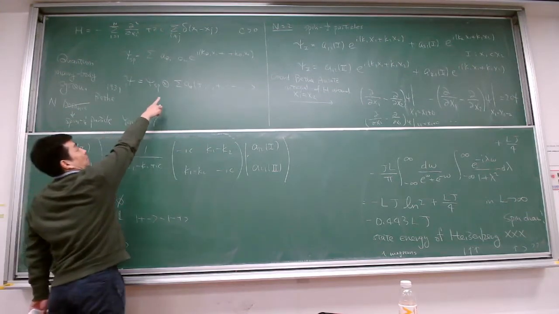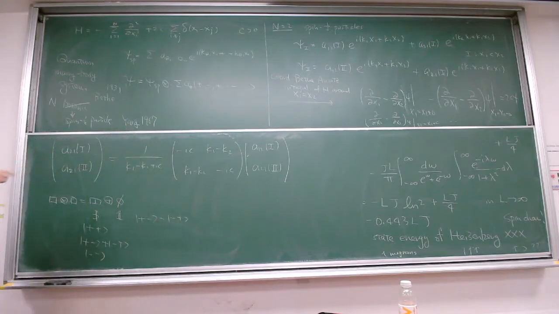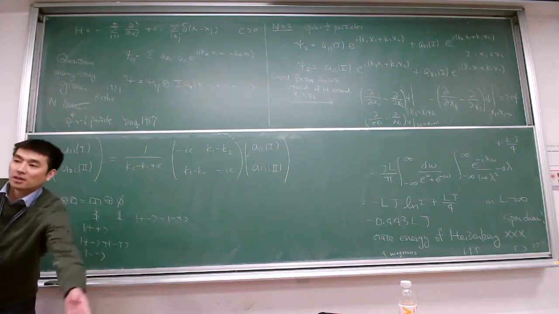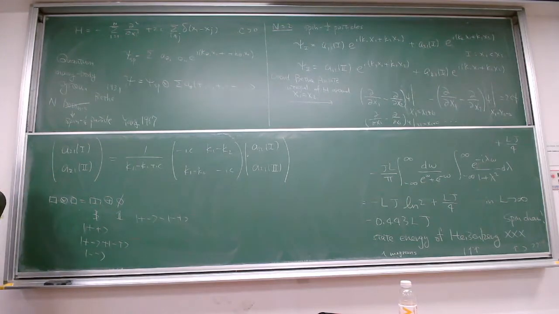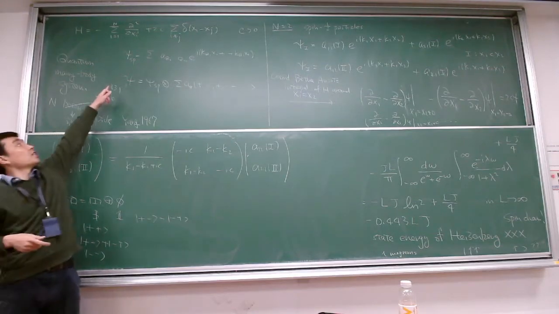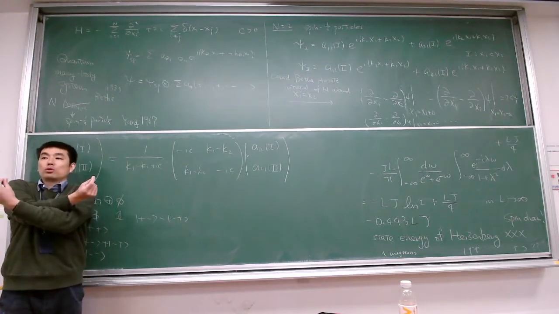But that affects the coordinate wave function. In fact, if you swap the two fermions, the total wave function should get a minus sign. Otherwise it violates the Pauli exclusion principle. So the total should get a minus sign if you swap two fermions.